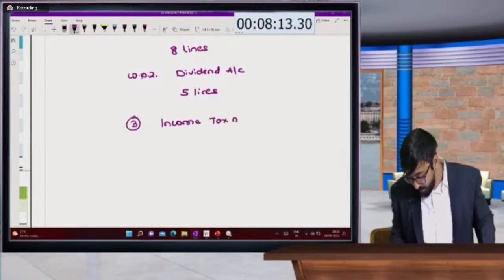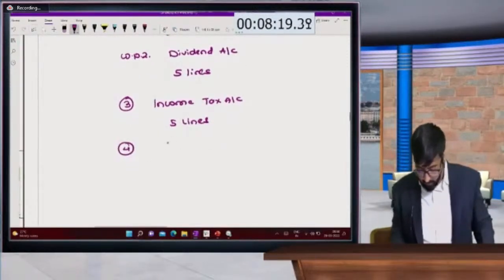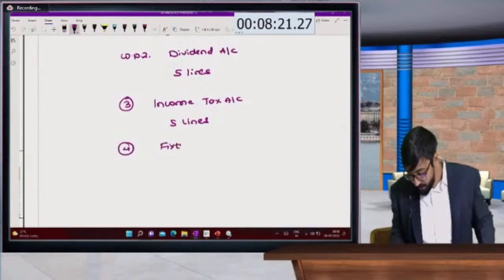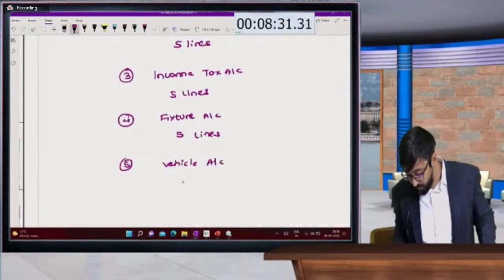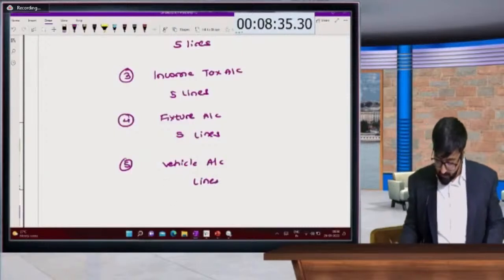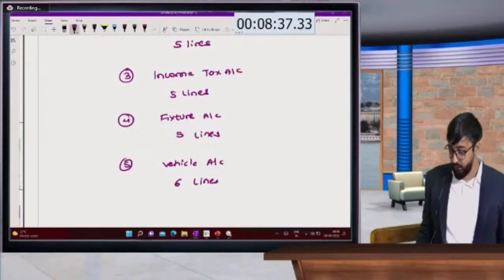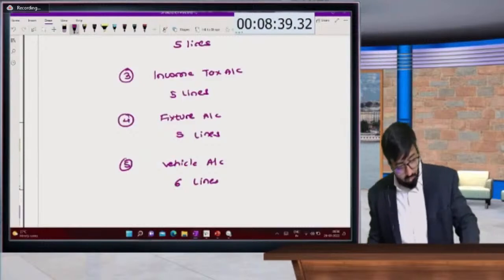Income tax account, 5 lines. 4. Fixture account, 5 lines. 5. Vehicle account, 5 lines, 6 lines. Take a total of all accounts.